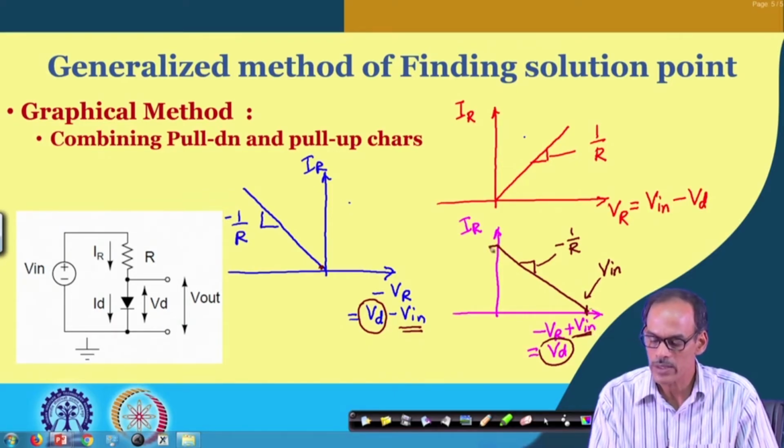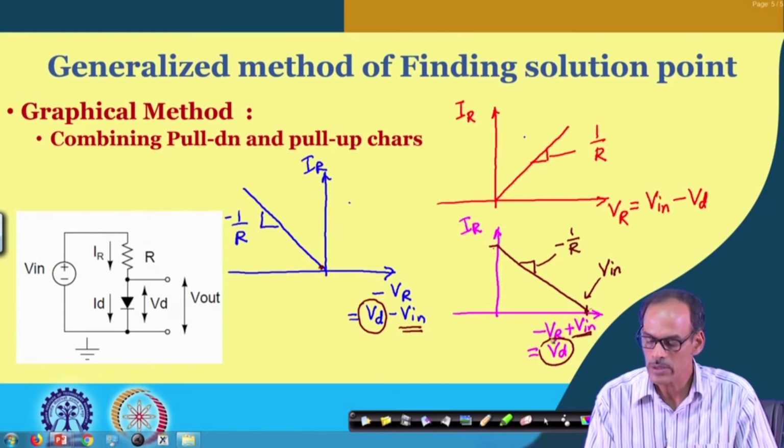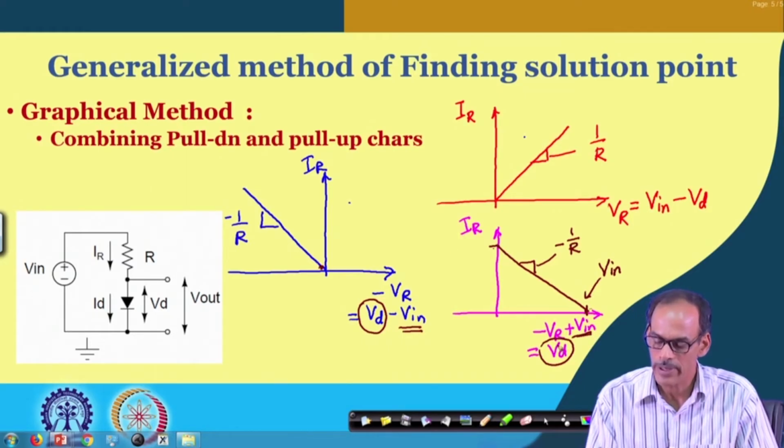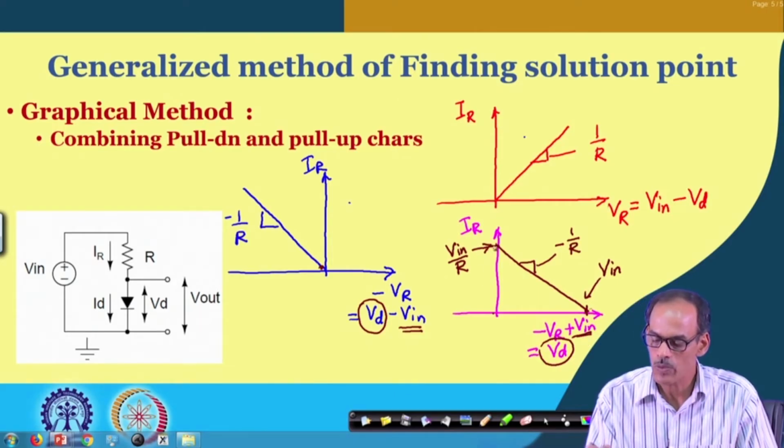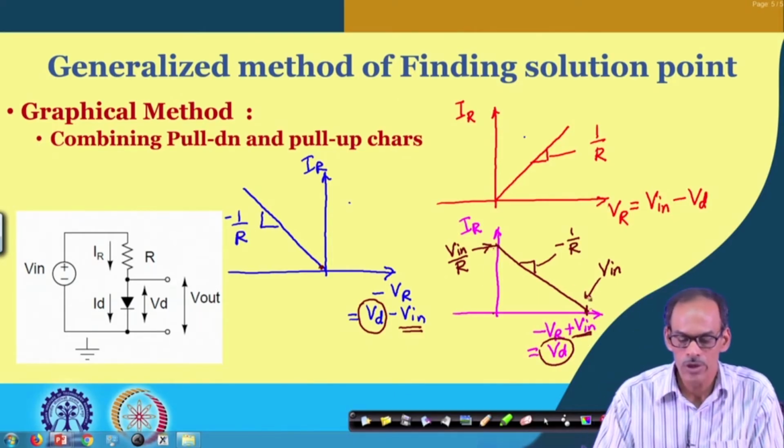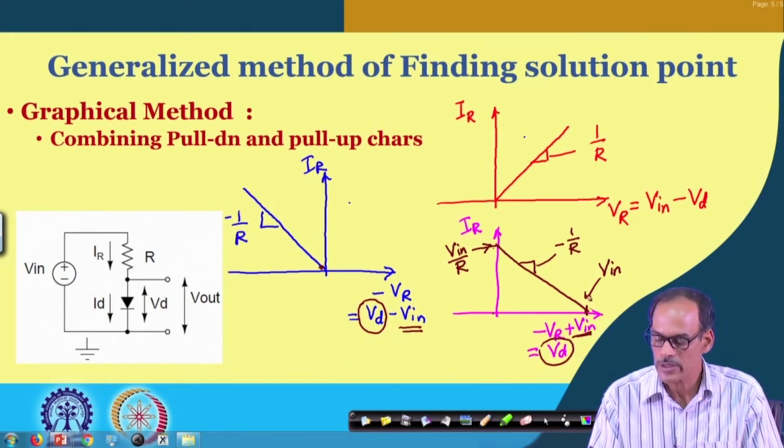If V r at this point is equal to V in, then the corresponding current will be V r divided by r. So, this is nothing but V r by r or V in by r, because at this point when V d equals 0, V r and V in become equal. That is how we rearrange this pull up characteristic in this form.